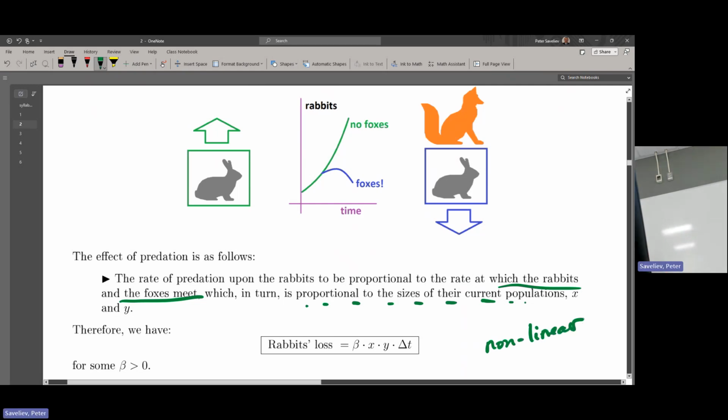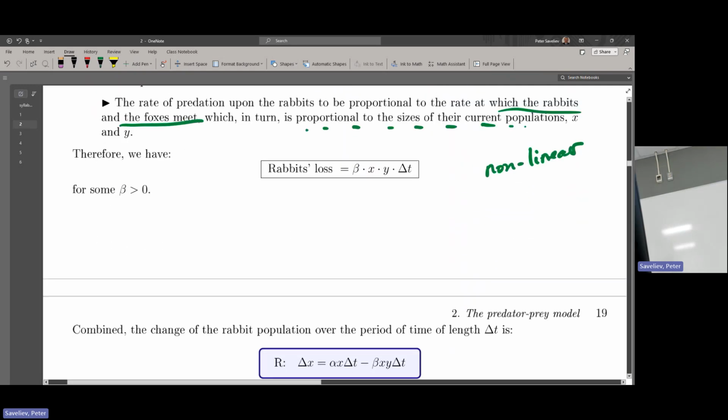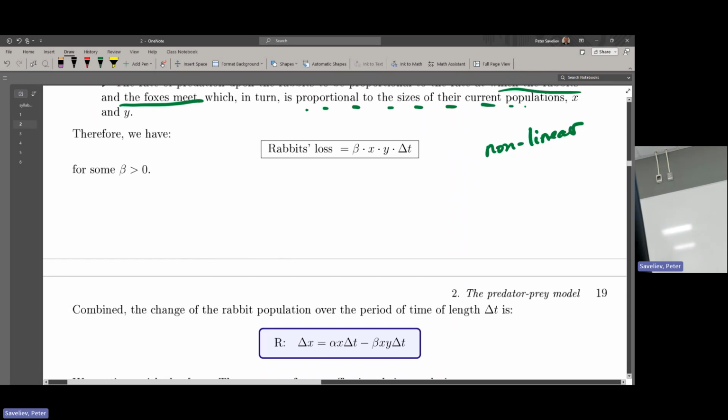Even though x is linear and y is linear, we multiply them together, so xy is not linear. So these are the two terms, and if we add them together, beta is just some coefficient that depends on the situation, to be determined by pretty much observation. Okay, so that's the effect.